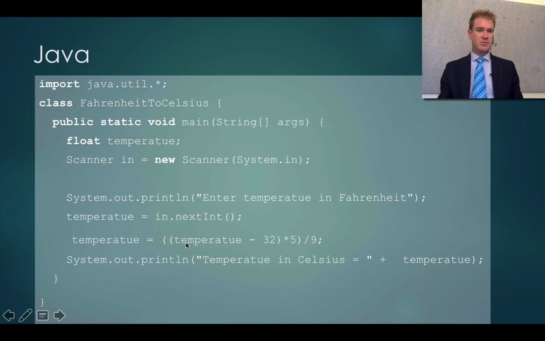We go temperature equals temperature minus 32 times 5 divided by 9, because this time we're going the other way, Fahrenheit to Celsius. And now we need to print that to the screen. And the way we do that with Java is System.out.println, temperature in Celsius equals, and we add our variable temperature. So again, similar, but how we get information from the user just varies from each one.